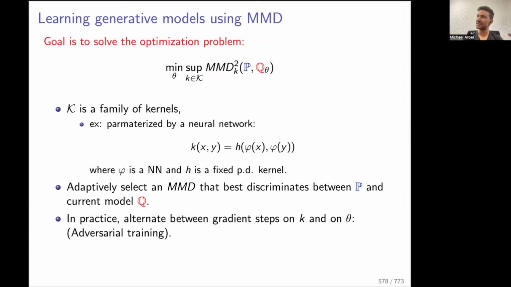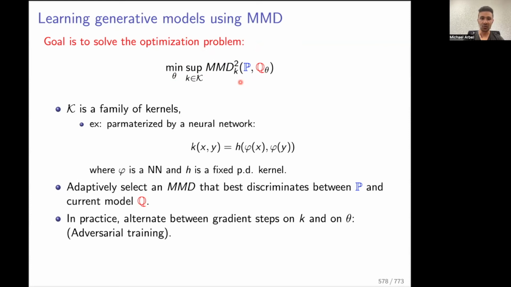And this kernel would be selected because it is the one that would discriminate the best between P and Q. So once this kernel is found, then one can optimize the parameters of the model or of the generator just by minimizing this optimal MMD.